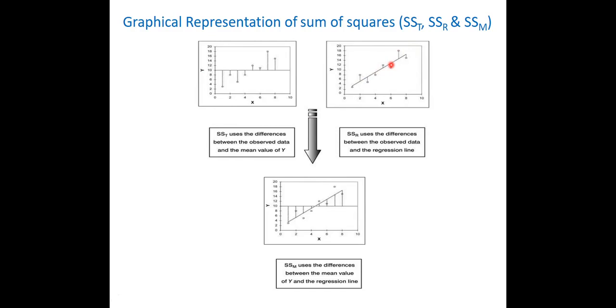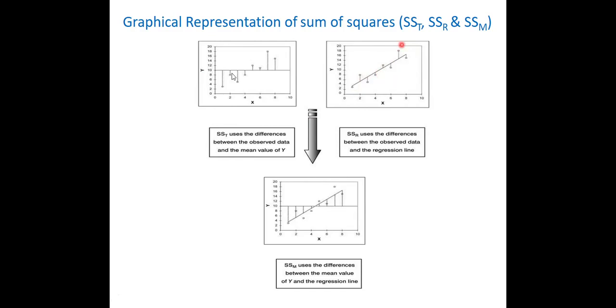You cannot simply add the deviations together because some are negative and some are positive. If you square them and add them, that is the sum of squares. So for the regression line, the sum of squares is the sum of the squares of the residual, or the error.